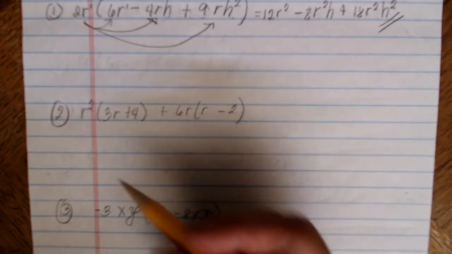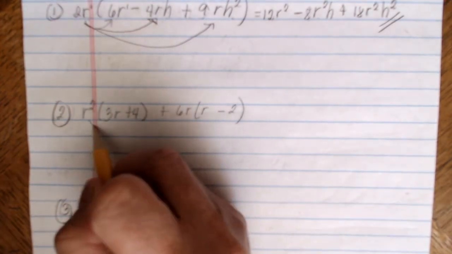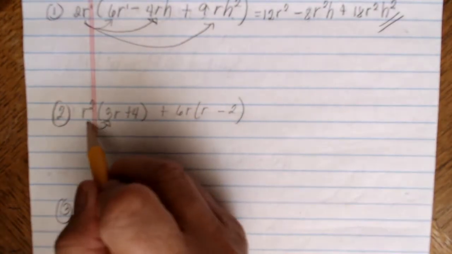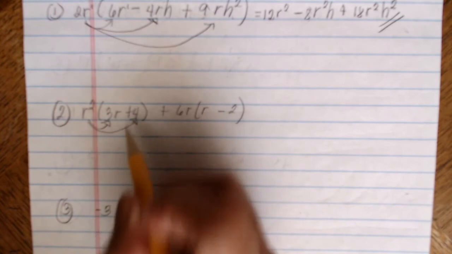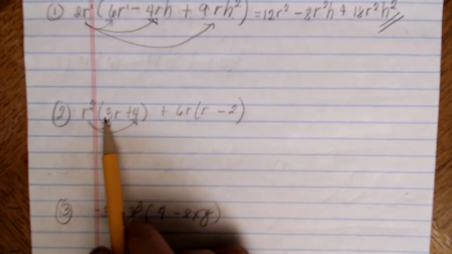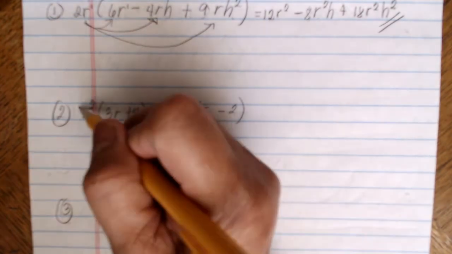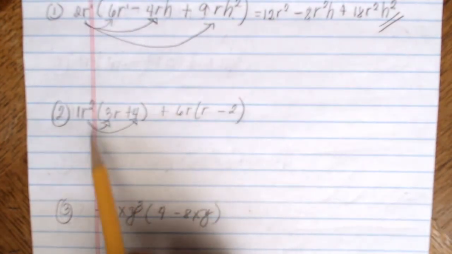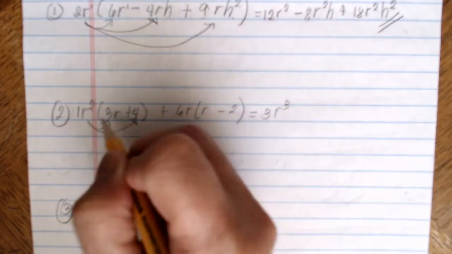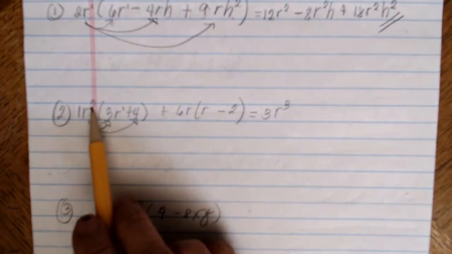So you distribute, you multiply, add the exponents if they are the same. So r squared times everything inside this parentheses. So r squared times 3r. There is a numerical coefficient right there. So 1 times 3 is 3. Then r cubed because you're going to add the exponent of r, which is 2 plus 1.